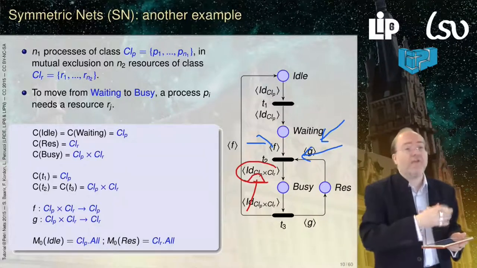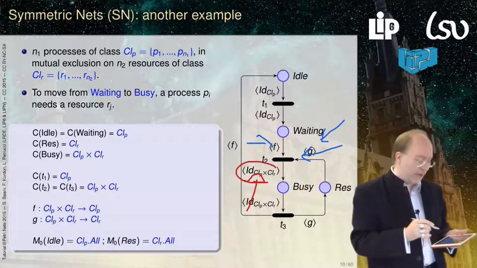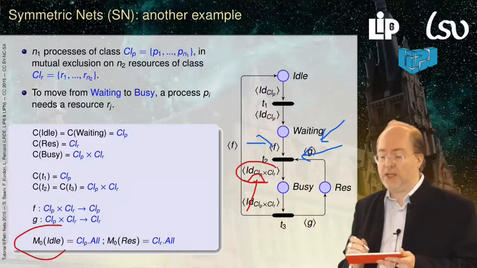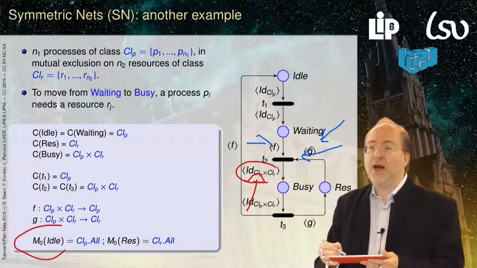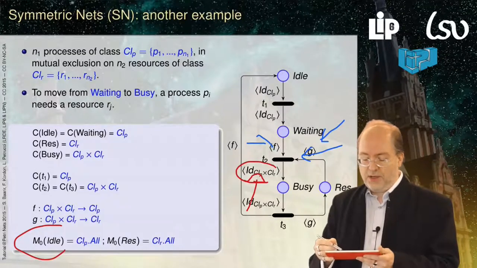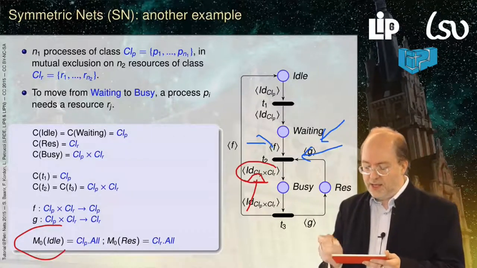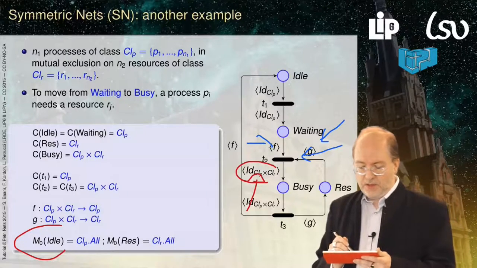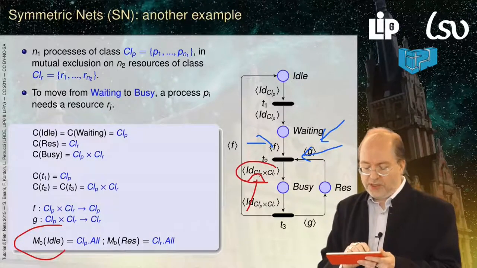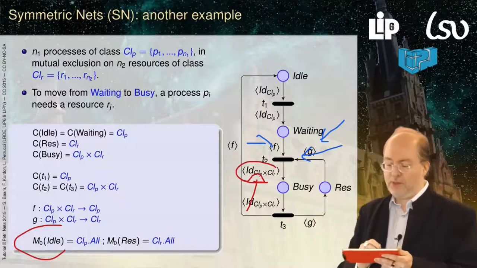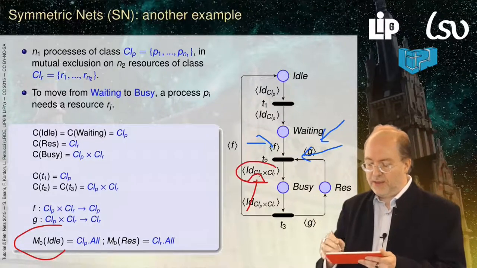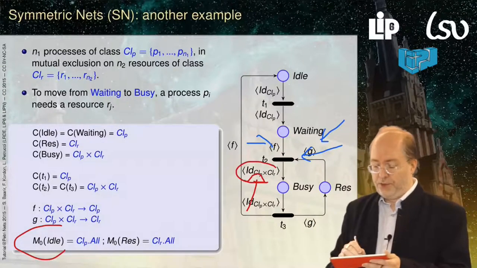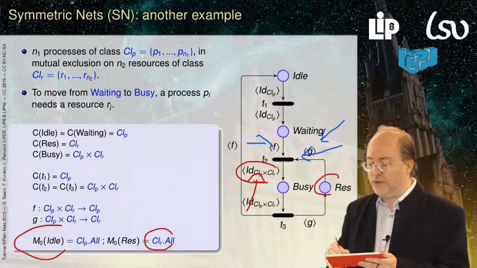And of course, everything that you have in traditional Petri nets, such as the initial marking. So here the initial marking is: idle contains CLP.all, the class for process, and res contains CLR.all, the identity of resources.